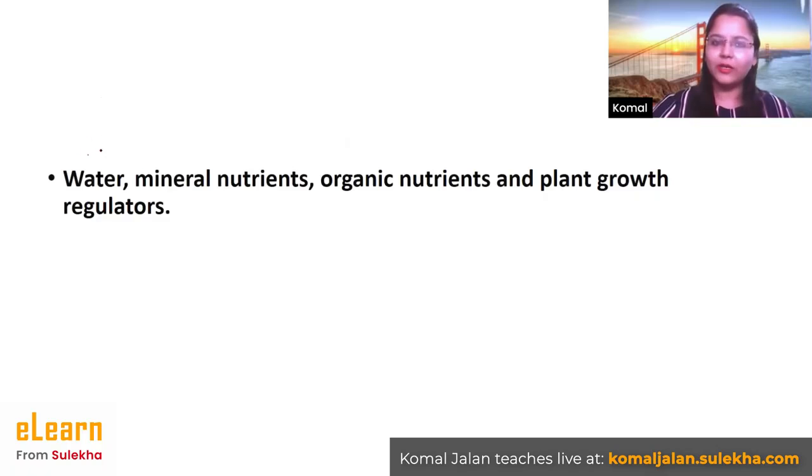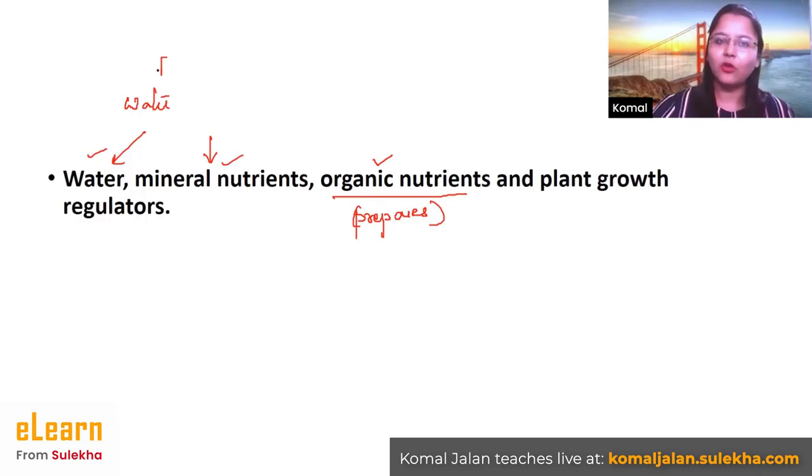Water, mineral nutrients and organic nutrients. Organic nutrients are the ones which the plant prepares, and mineral nutrients are the ones which the plant absorbs with the water, in the raw form. Using this, the plant prepares organic nutrients, and all those need to be transported from one region to another.